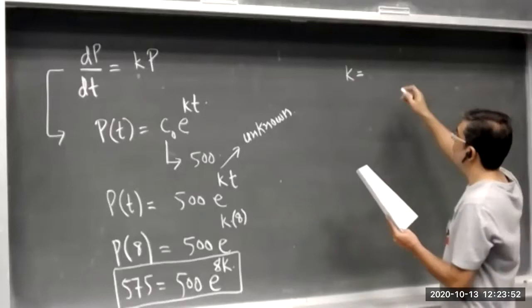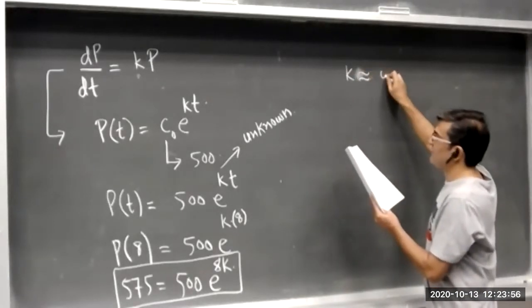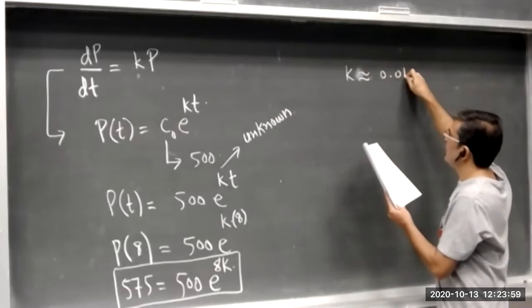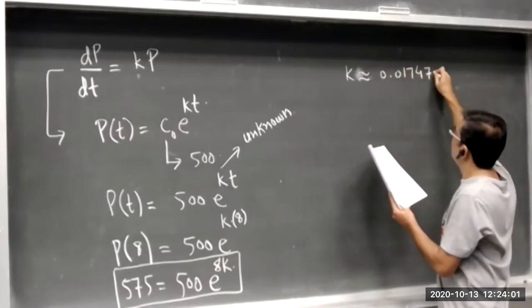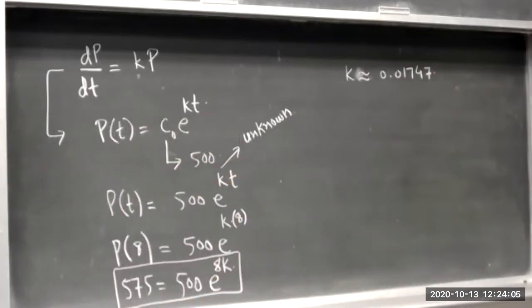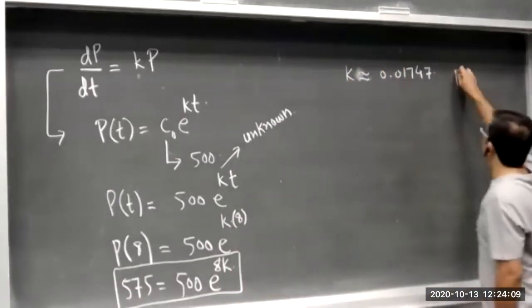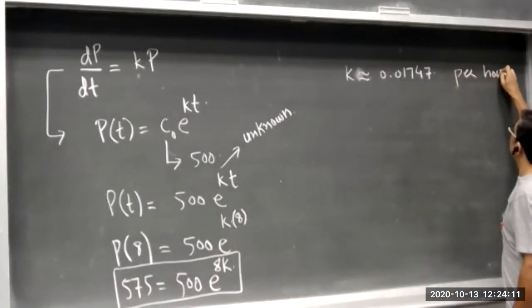I hope you can solve it. k is approximately equal to 0.01747. So this is your growth rate per hour.